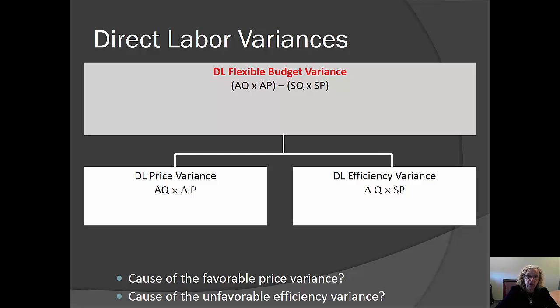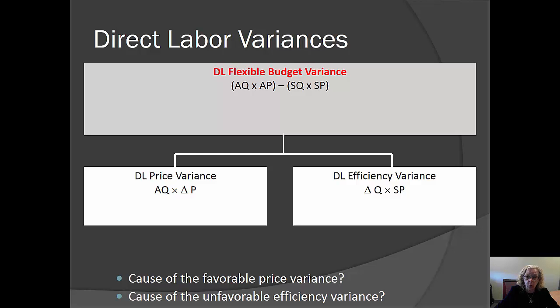The first thing that we can do is compute the total flexible budget variance for direct labor. That is, the difference between what we actually paid for our direct labor during the period and what we would have budgeted on the flexible budget for the actual number of units that we produced.